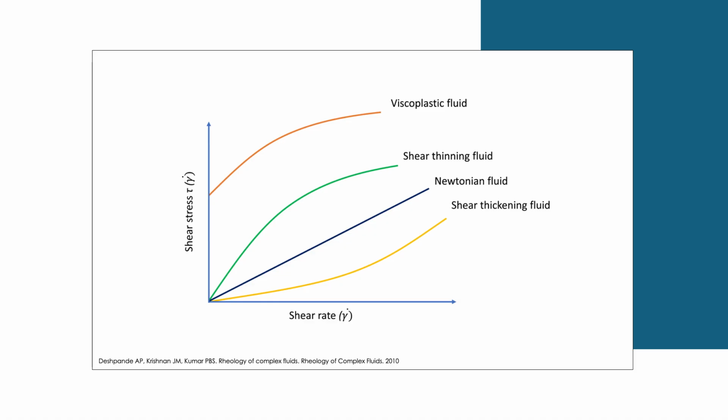Many fluids, however, do not follow this Newtonian behavior. For example, viscoplastic fluid act as solids until the applied shear exceeds a certain threshold, after which they begin to flow. Shear thinning fluids become easier to deform as shear stress increases.